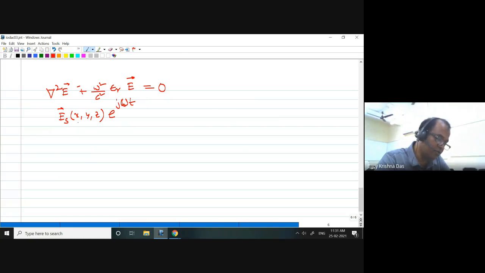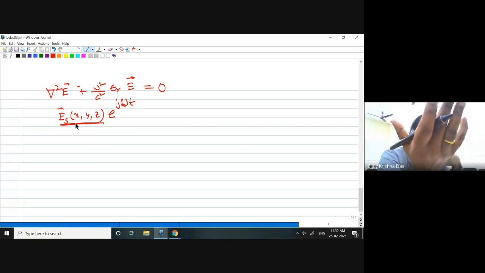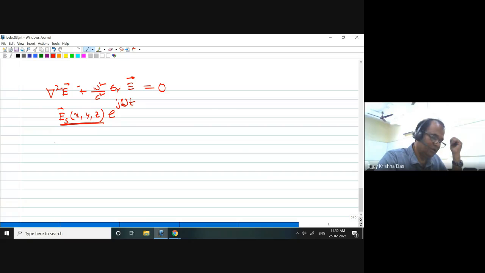Now this solution is a traveling wave solution we are supposed to get, right? So the wave is traveling in a certain direction. Now I want to represent the wave in x, y, z in terms of k.